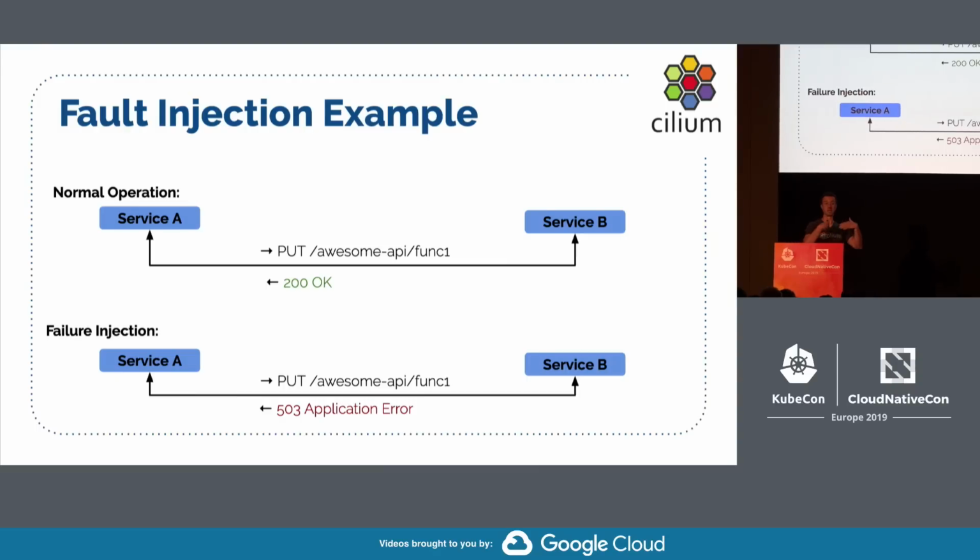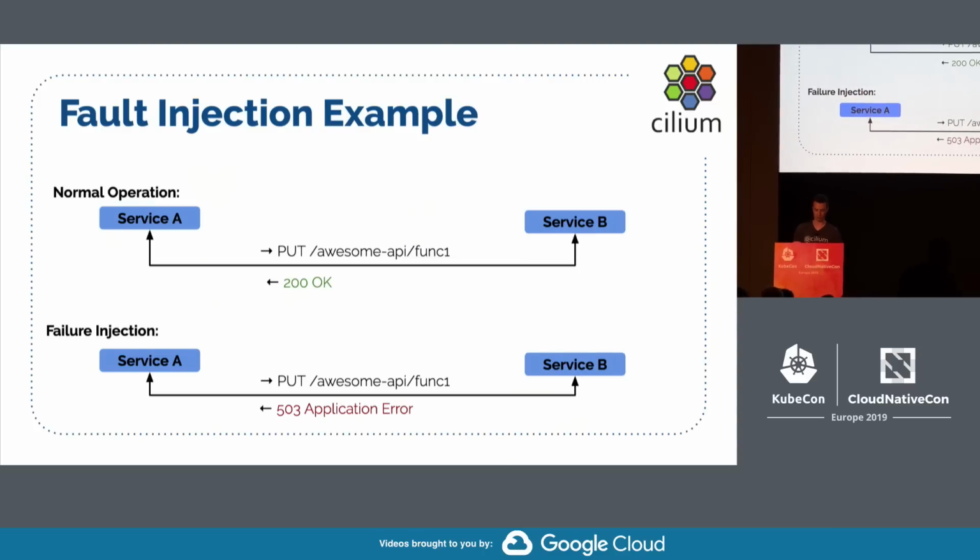Or we would like to delay the response, for example, to simulate that the service is taking longer. We may even want to corrupt some of the payload. There are many more fault injection strategies. This is a very simple example, but probably the most common: you simply want to simulate, let's say, a Go panic in your service code, and you get a 503 because your API handler panicked, recovered, and returned a 503.